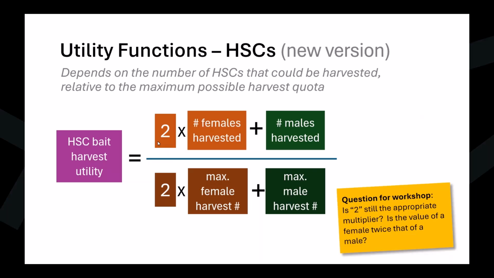So in this case, the utility for horseshoe crabs, Connor sort of laid out why harvest is such an important focus in the ARM, because the decision is related to harvest. And here, again, we want to derive the utility from the economic value of bait harvest.